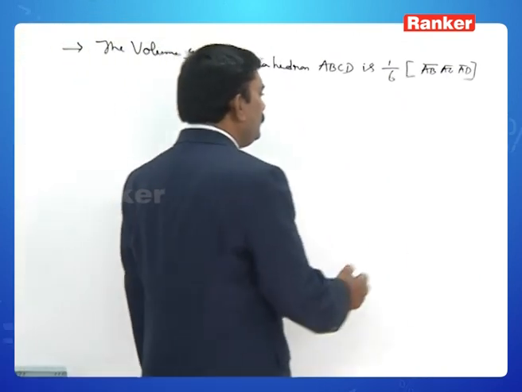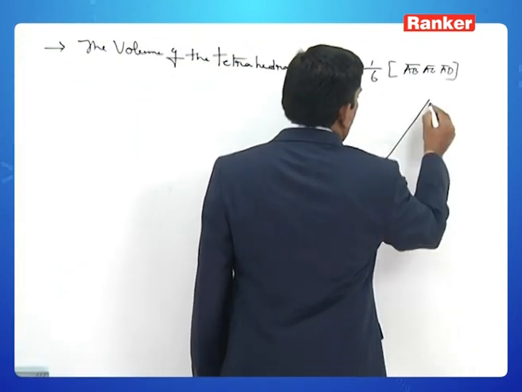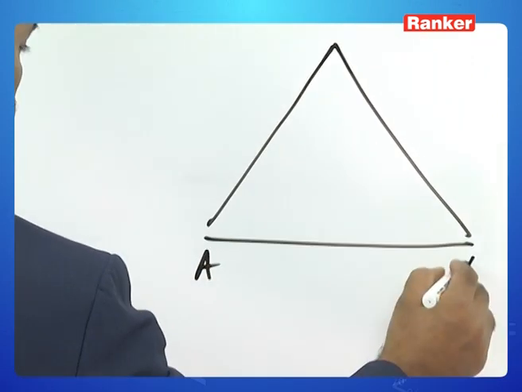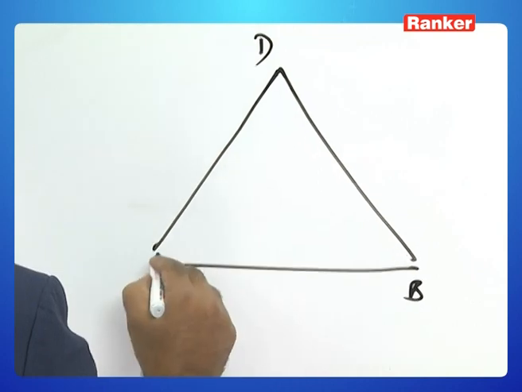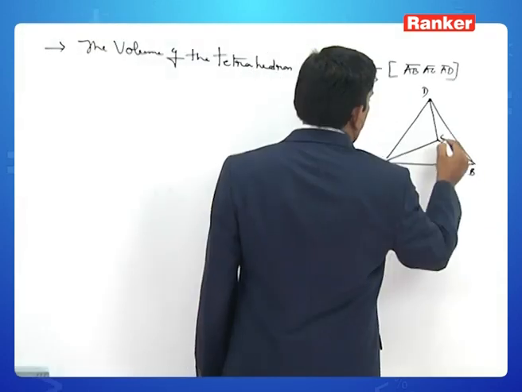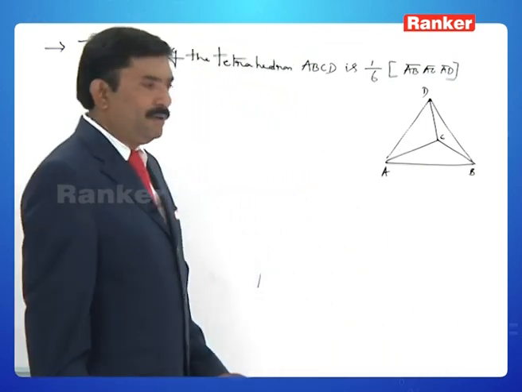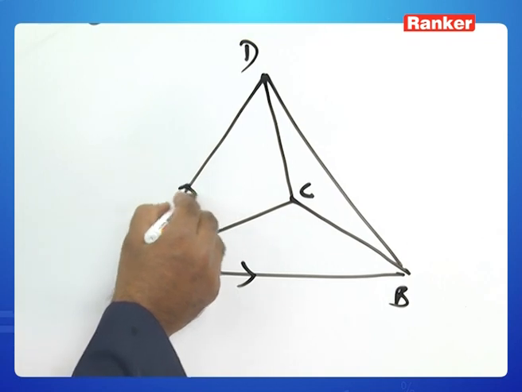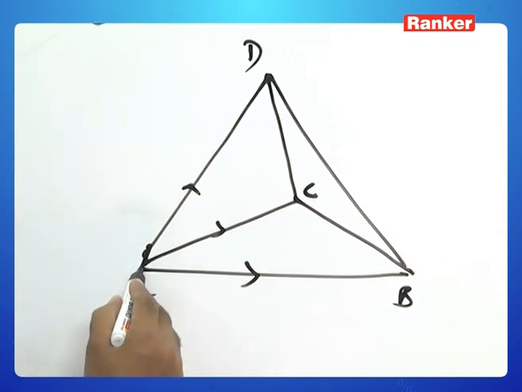Right. Let us take the tetrahedron A, B, D, this is C. Now, this is AB bar, AD bar, AC bar.